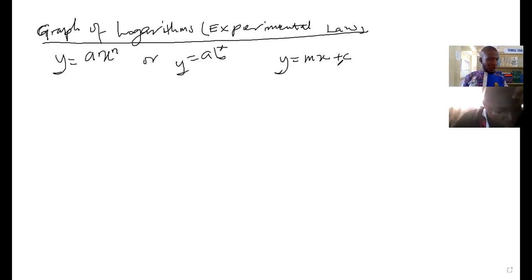The following table gives the values of two related variables P and Q.